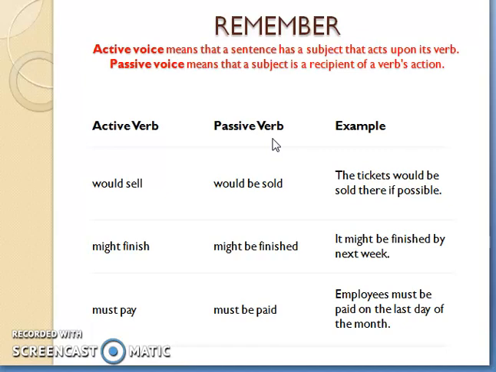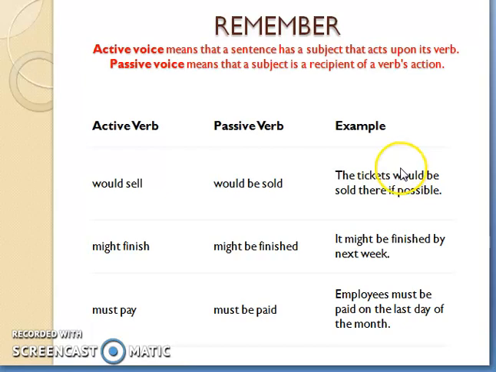Let's check the difference. Would sell. In the passive we are gonna use would be sold. Do you remember the structure? Yes, you see, we need to use the passive modals, be, and of course the verb in past participle.